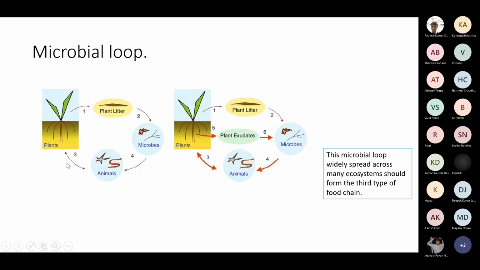Here is a picture in which you see, for example, a plant, and once the plant gets old or decomposes, there is plant litter on the ground, then microbes are going to consume it, and finally these could be the primary consumers, these could be the secondary consumers, animals, etc. They are going to feed on some of these small plants, and so these are the animals here.